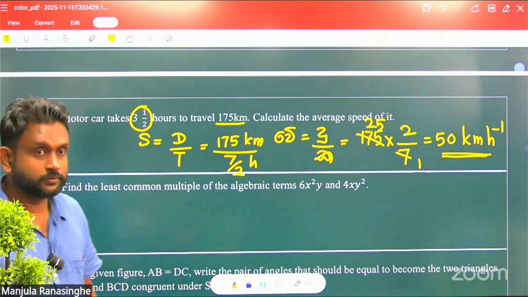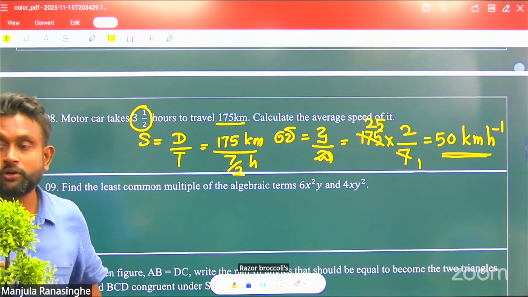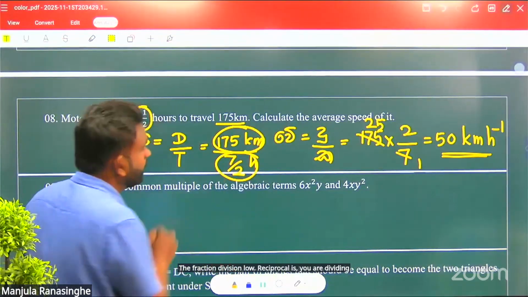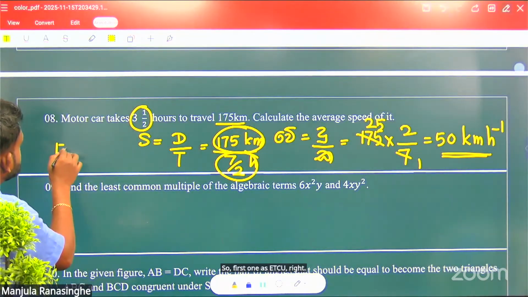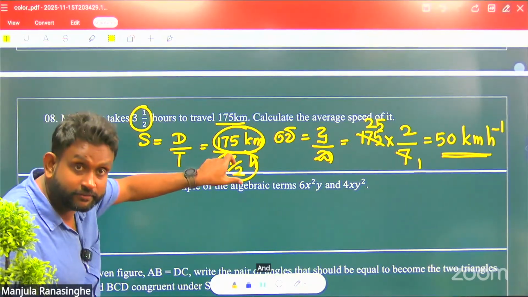Excellent. Sir, how did the reciprocal come here? Reciprocal is the fraction division law. You are dividing 175 by 7 upon 2. So the first one you write as it is, 175. The division converts to multiplication and then you take the reciprocal of 7 upon 2.